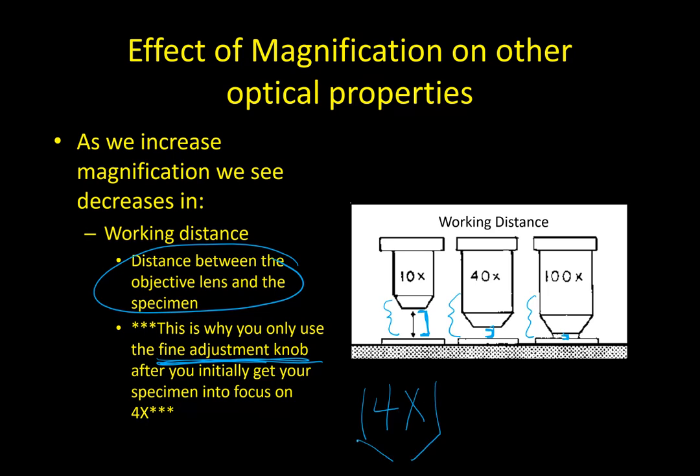Okay? Once we have things in focus at 4x, we don't ever touch that coarse adjustment knob again. Look at how close these are to that slide. In the video, she talked about crushing the slide. If you use that coarse adjustment, it's fairly easy to crush the slide with these objectives being so close to the specimen.